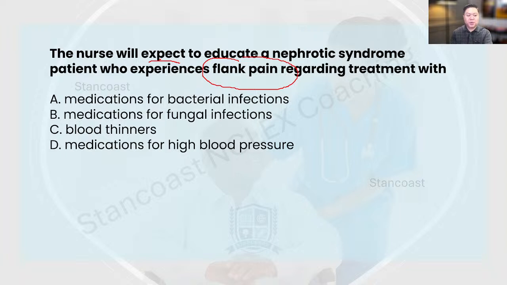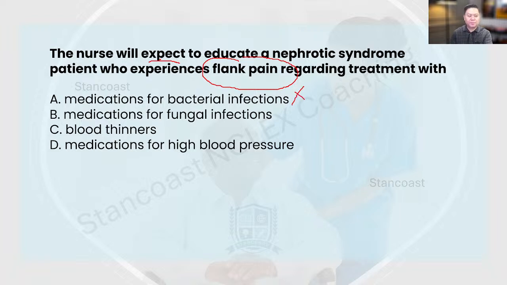And so at this point, the anti-infectives, antibiotics, will not do any good to the patient, because we are not thinking about a urinary tract infection, not at all. So we're going to eliminate that easy peasy.